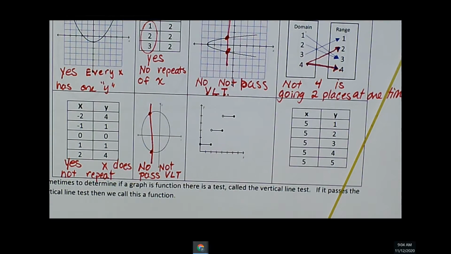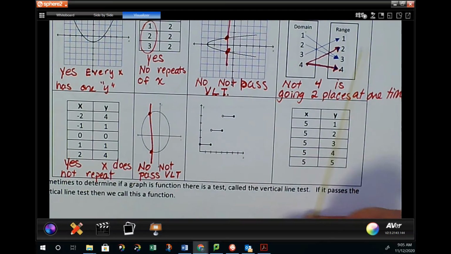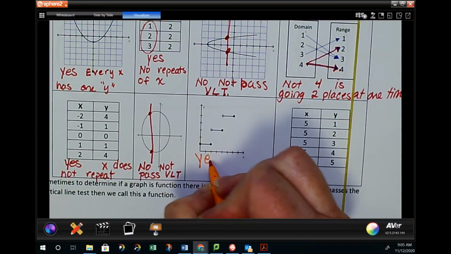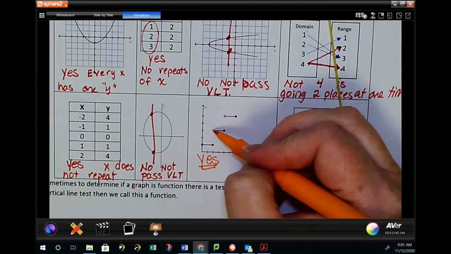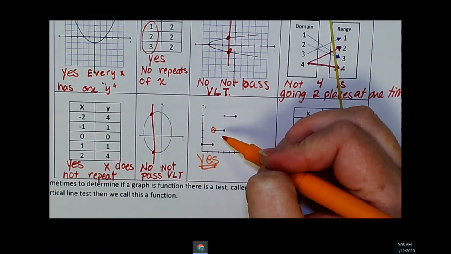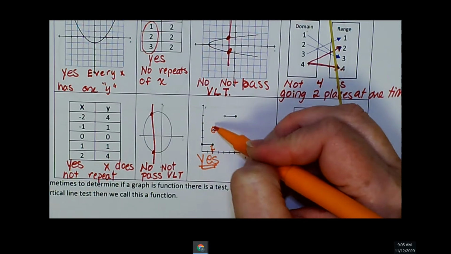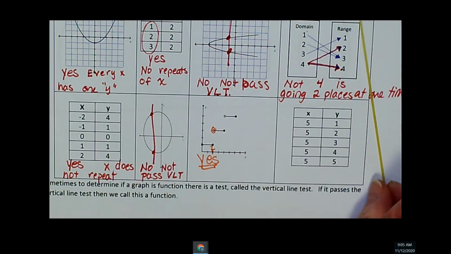Because you've got an open circle and a closed circle, even though you have that vertical line test, this is a yes. My reason is that this part right here is an open circle. It doesn't include that value 2. So this would be like 2.1. So this is a yes.